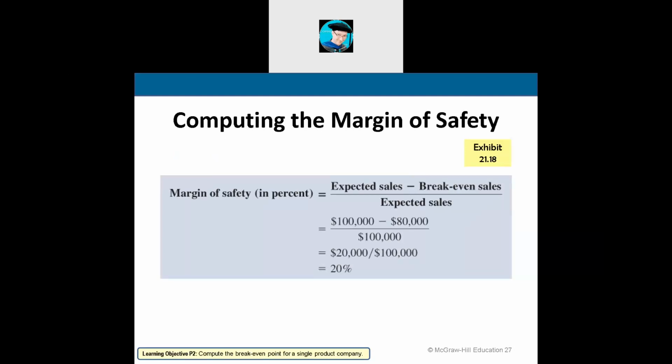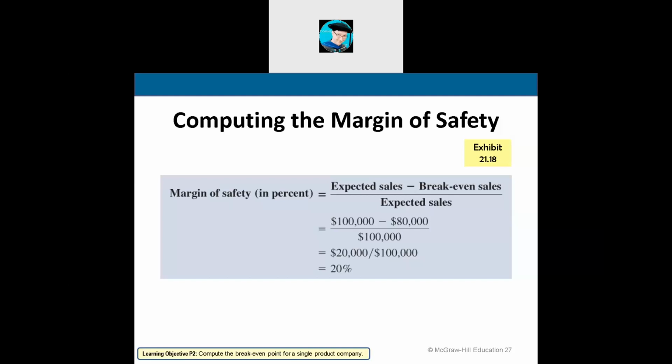I want you to think of the margin of safety as a comfortable level, right? That's why I call it margin of safety. Comfortable level. I'm comfortable with a 20% margin of safety. That's what margin of safety means. I'm comfortable with that margin.